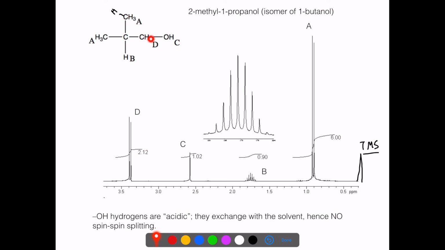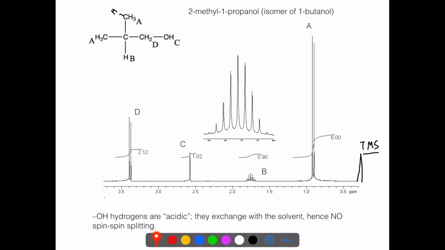But as far as the spin-spin splitting, they would be within 3 chemical bonds of that OH, but again, because of the rapid exchange of this H, it does not split them. So these hydrogens, which we label D, are only split by this hydrogen B. So hence it's a doublet, and we see that it's a doublet there.